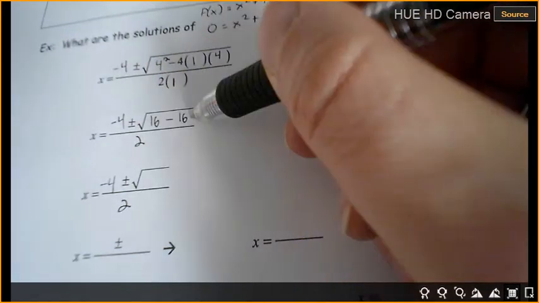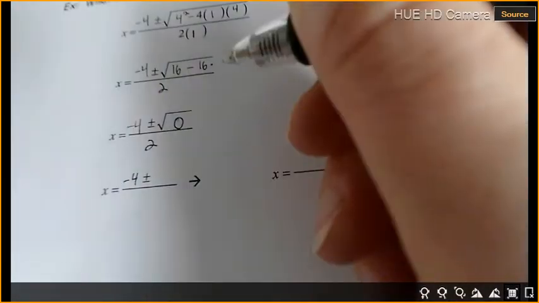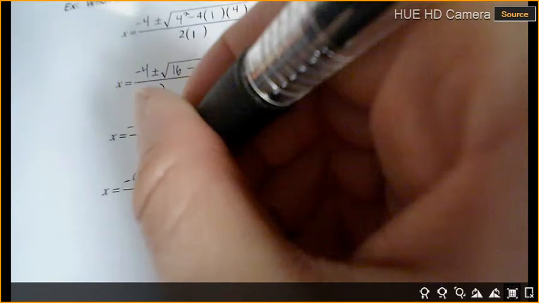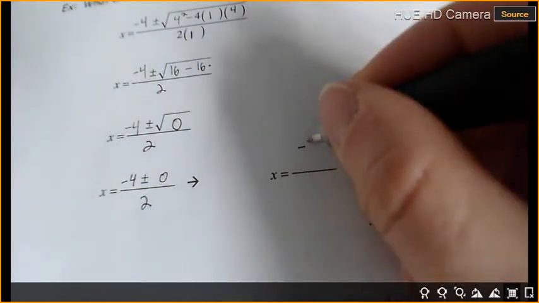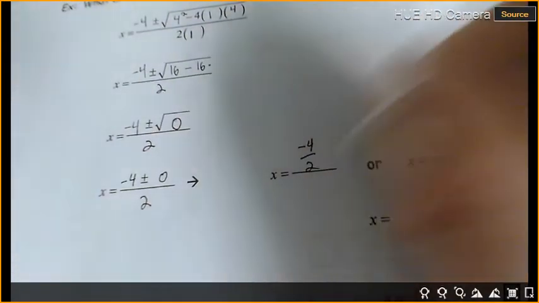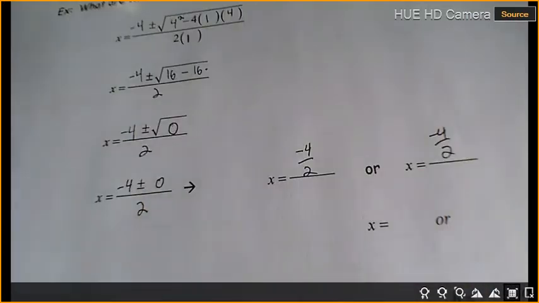What's 16 minus 16, guys? 0. Okay. What is the square root of 0? 0. Yeah. Okay, so we get negative 4 plus or minus 0 over 2. So that's negative 4 over 2, and in this case, negative 4 over 2 again, because if we add 0 to them, we still get the same answer.